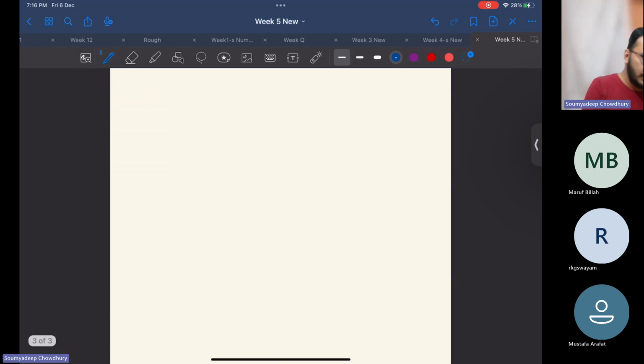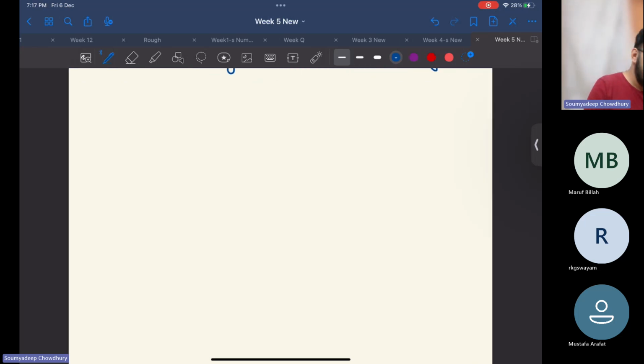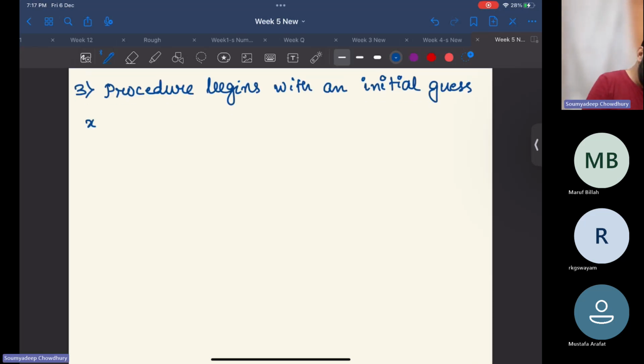So this procedure begins with an initial guess, which is x1, near the fixed point.